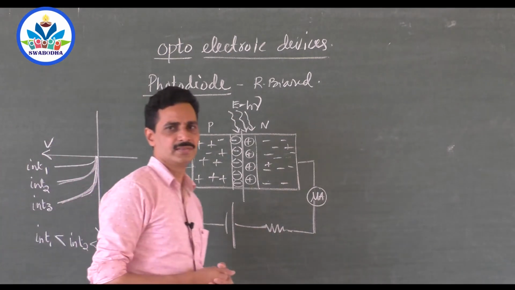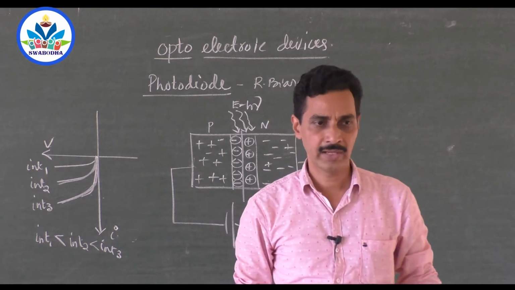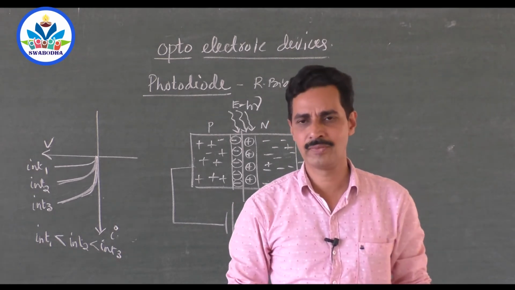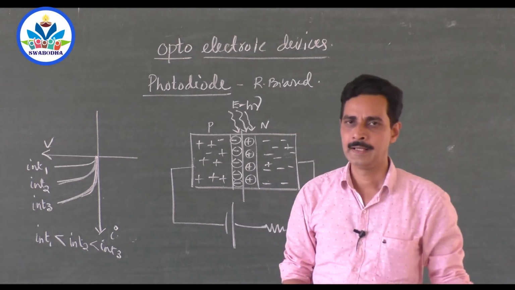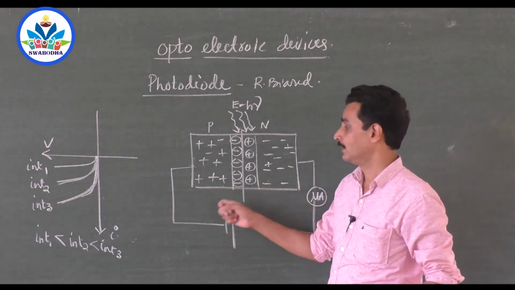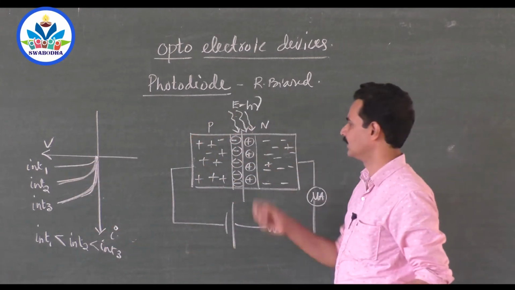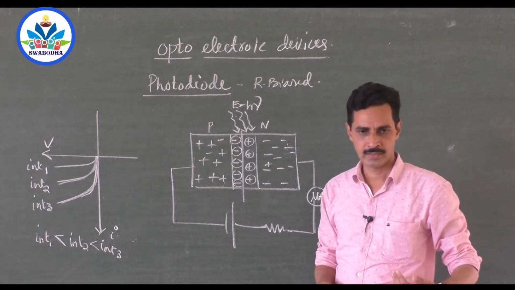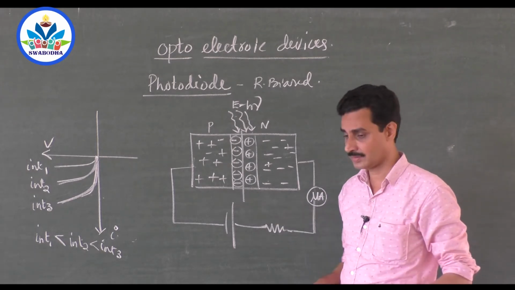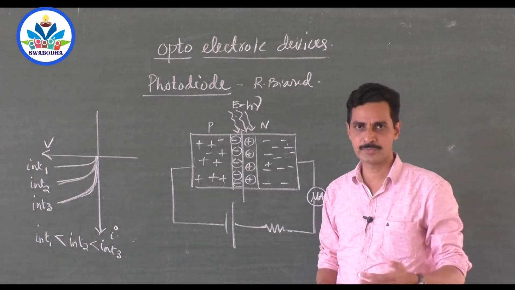A PN junction is reverse biased, and light is made to fall on the junction. If no light is falling on the junction, still we have a very small current called the drift current, which is due to minority carriers, and that current may be this one when there is no light intensity. When sufficient energy falls on the junction, electron hole pairs are created, because electrons can move to the conduction band by absorbing that energy.